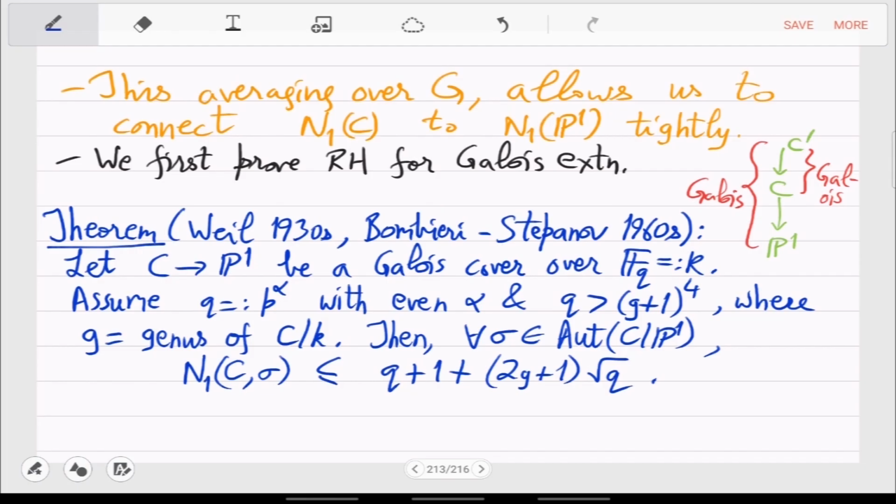Yeah, so basically what I'm saying in the second line is without loss of generality. So your curve is defined over a field FQ, genus is defined there, and then you go to a big enough Q prime. It's like changing the base in the Riemann hypothesis.